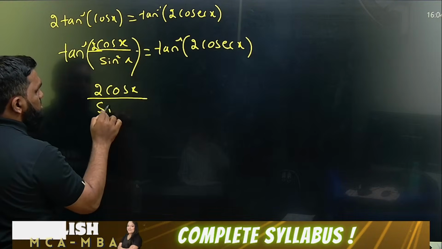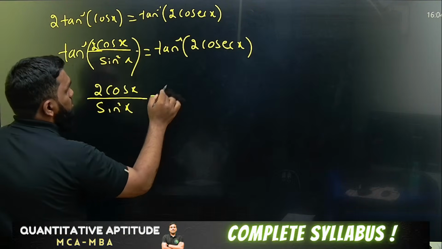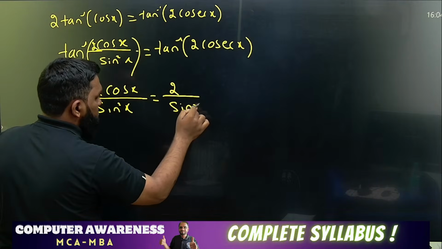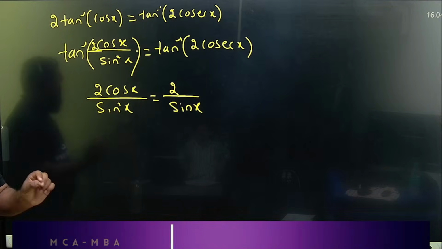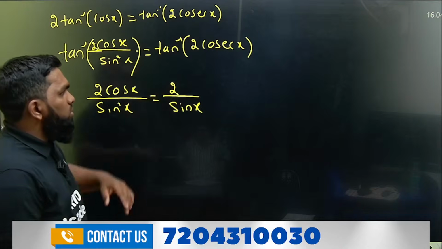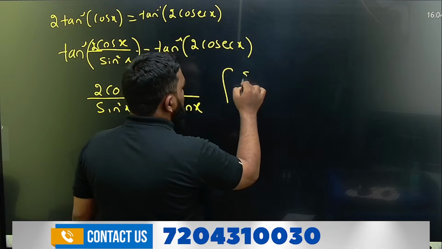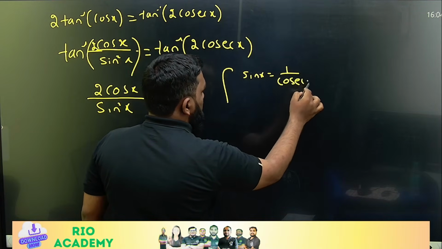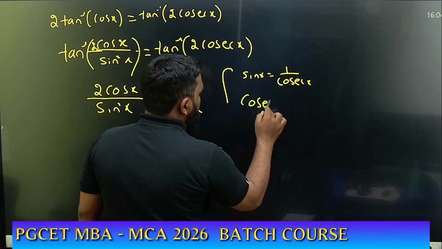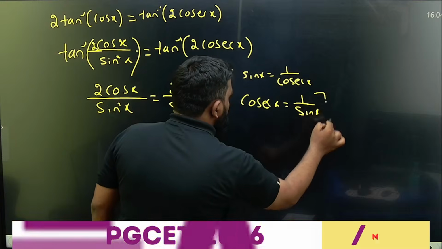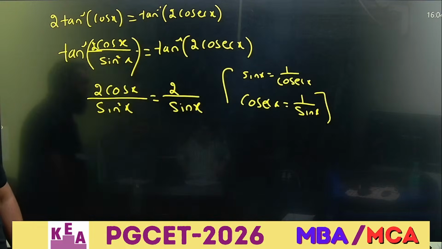2 cos x divided by sin square x is equal to 2 cosec x, which we write as 2 by sin x, because cosec x is equal to 1 by sin x.